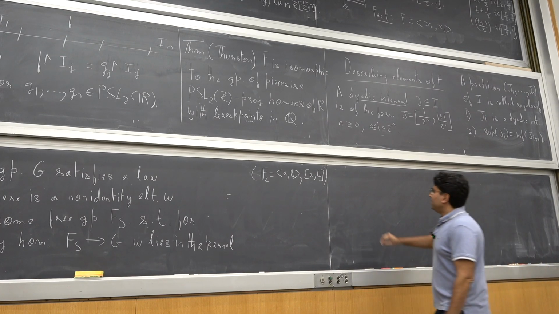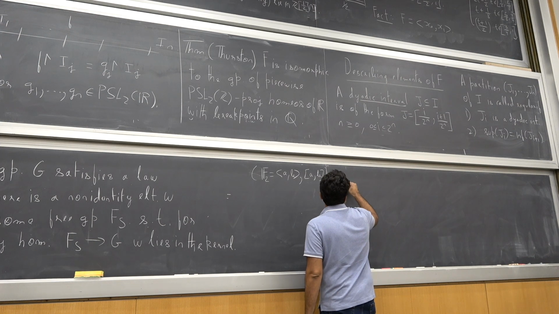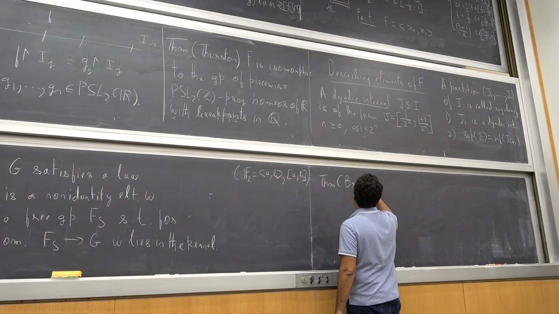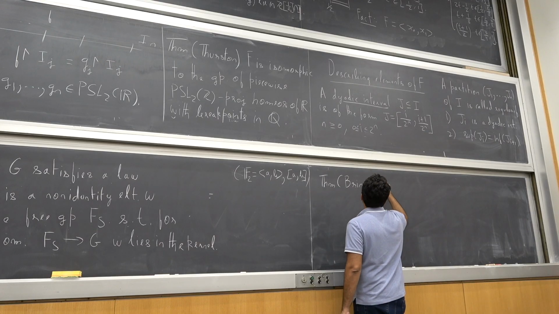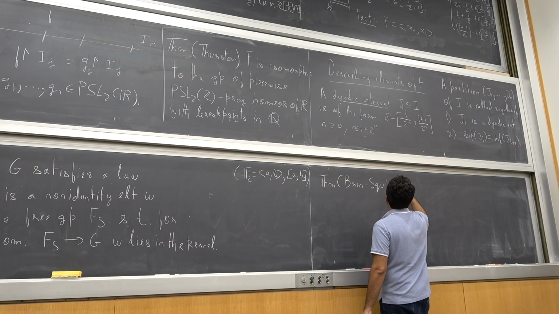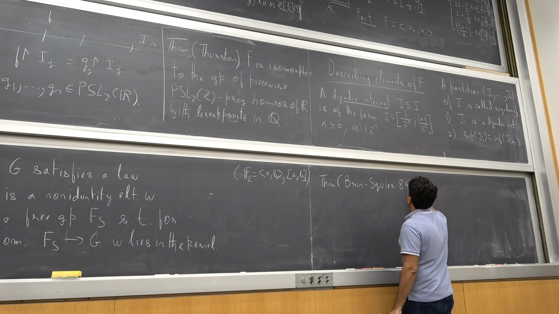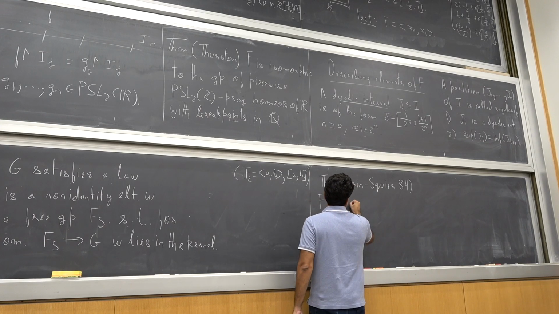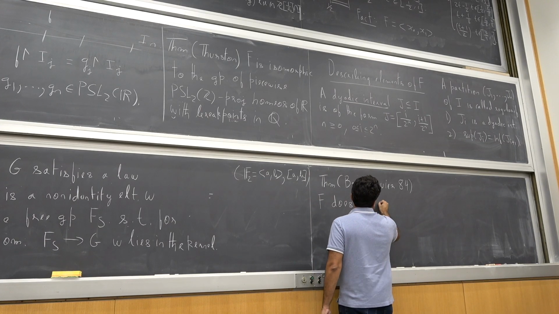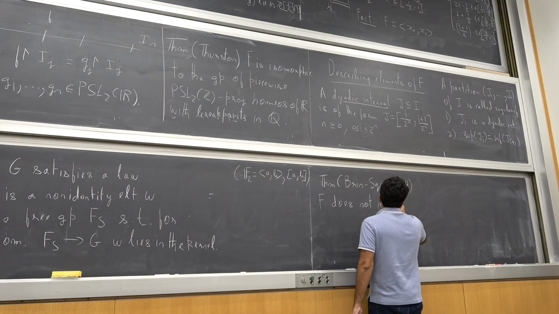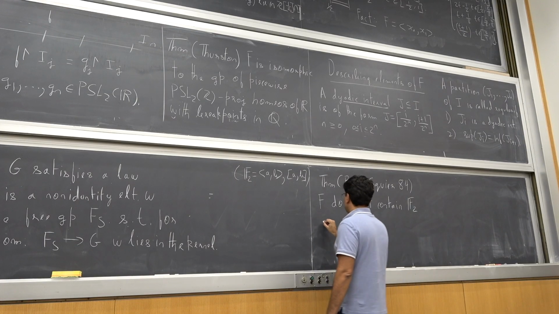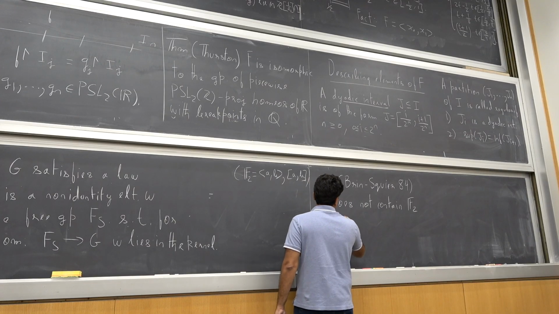This is a theorem of Brin and Squier from 1984: F does not contain the free group of rank 2, yet it does not satisfy a law.